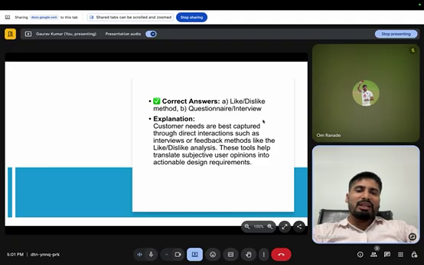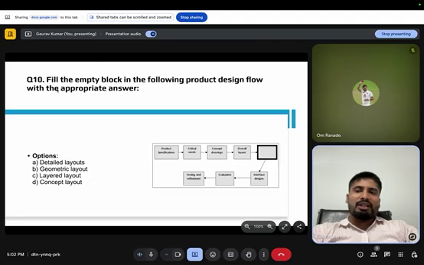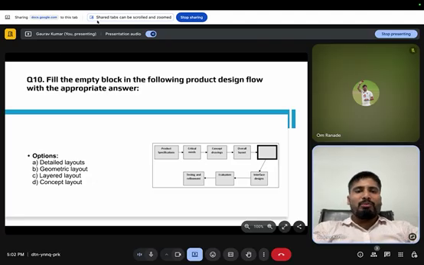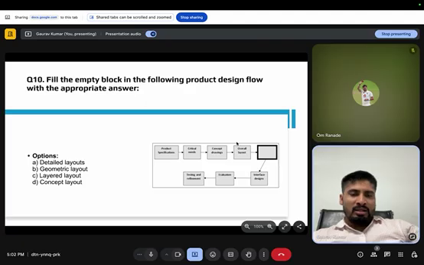Now moving to the next question. So the next question is question number 10. Fill the empathy block in the following product design flow with the appropriate answer. Please go through this slide and kindly answer. What will be the right answer?